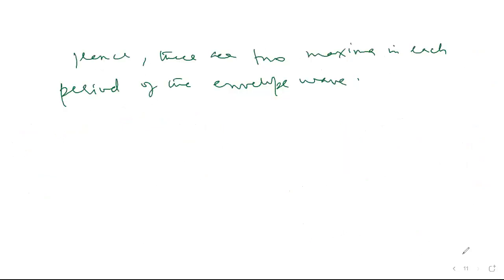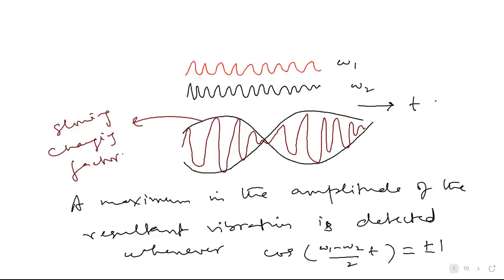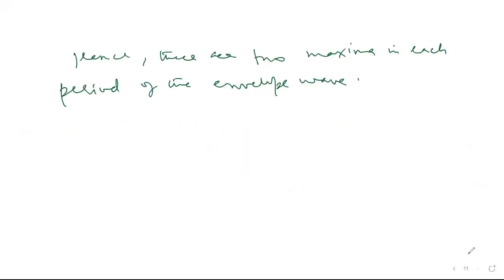So we said there are two maxima in each period of the envelope wave. Now, because the amplitude varies with the frequency, what is the frequency? Omega 1 minus omega 2 by 2. The number of beats per second or beat frequency is twice this value. I write omega beat is mod of omega 1 minus omega 2.